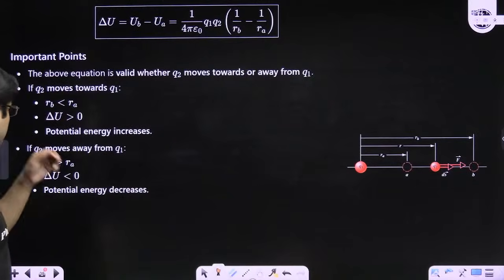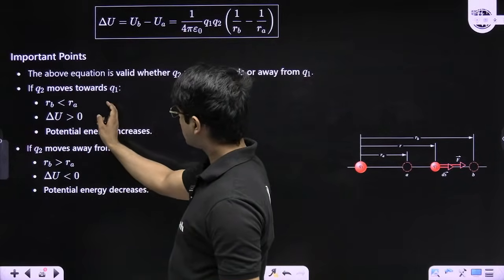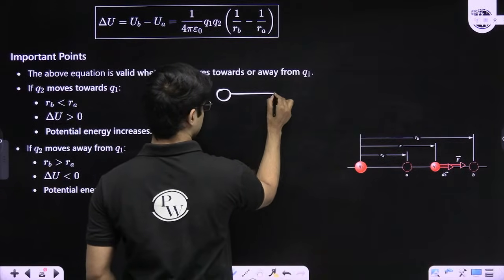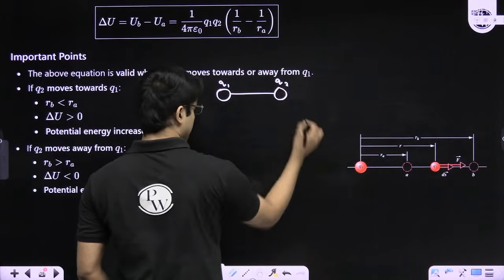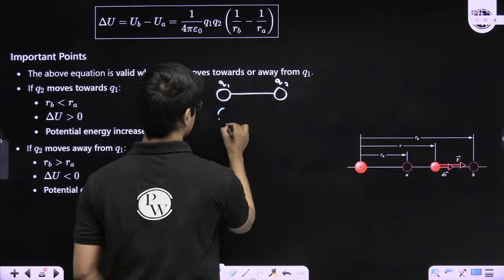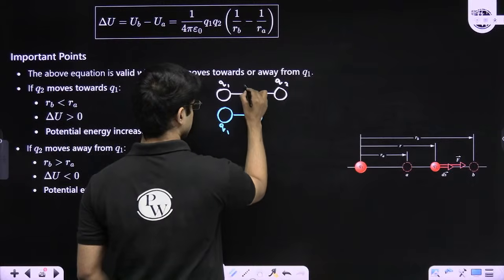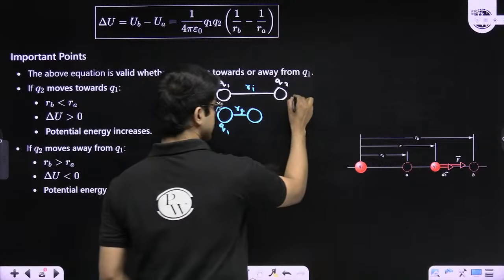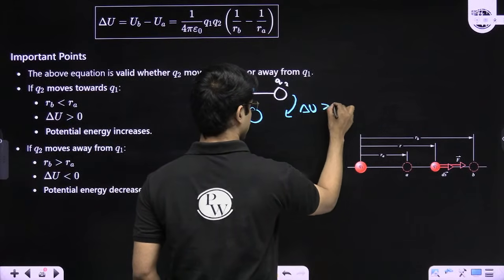If Q2 moves towards Q1, which means this is Q1 and Q2, and we bring these charges closer to each other, this is our final, then in this case delta U is positive.